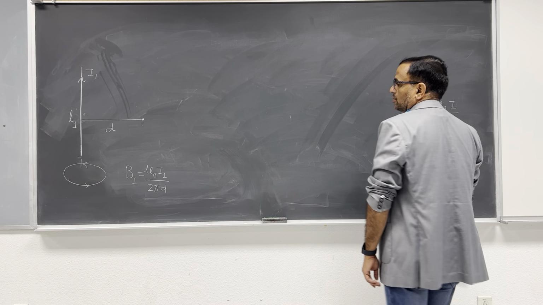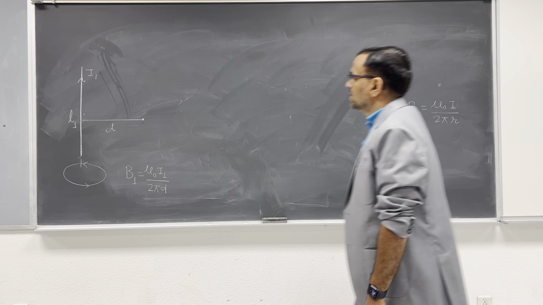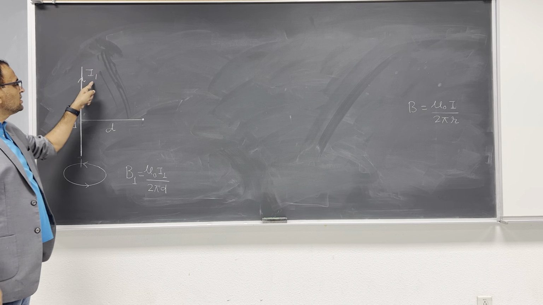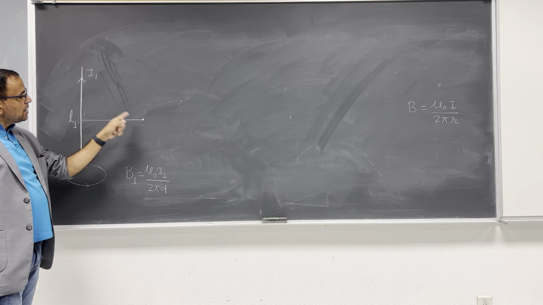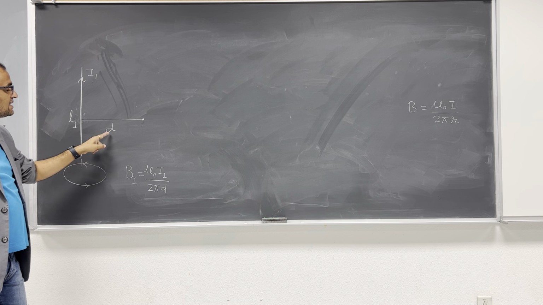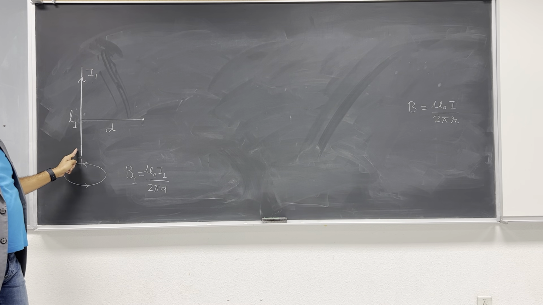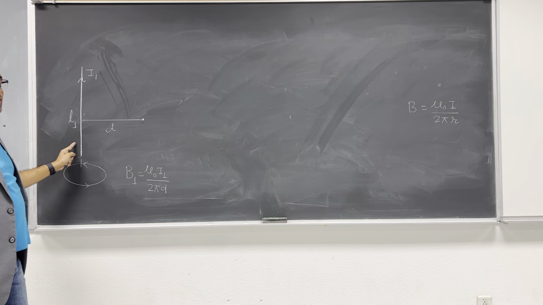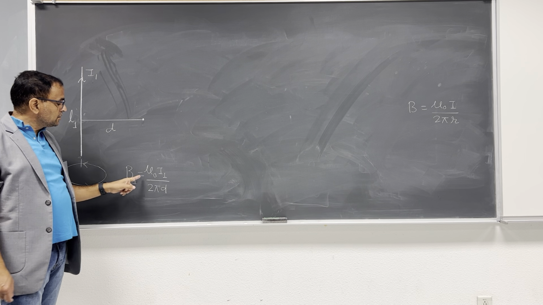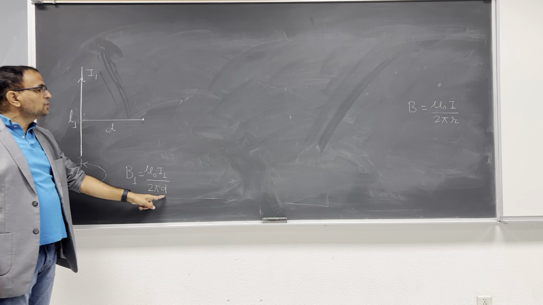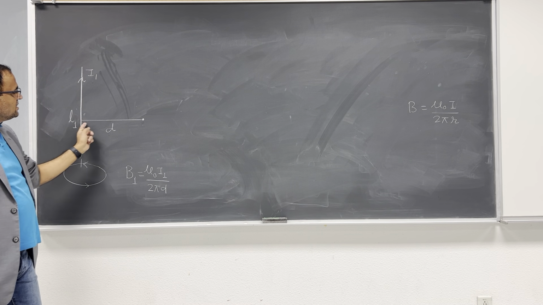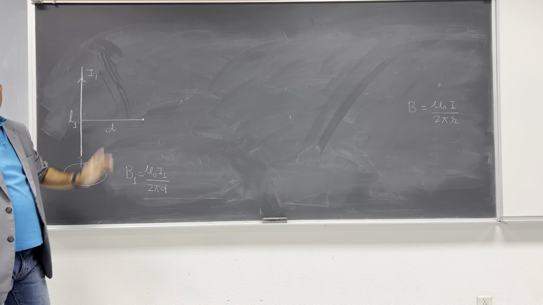I have a conductor of length L1 and current I1, and I want to calculate the magnetic field at this point, which is at a distance d from this conductor. Over there I used I and r, but here I is I1 and d is like r, the distance.